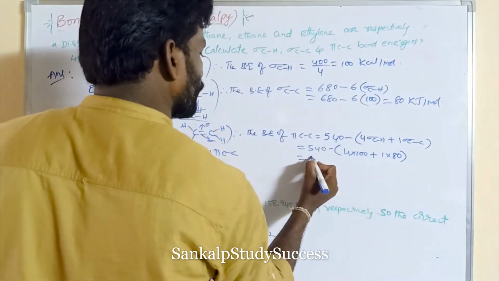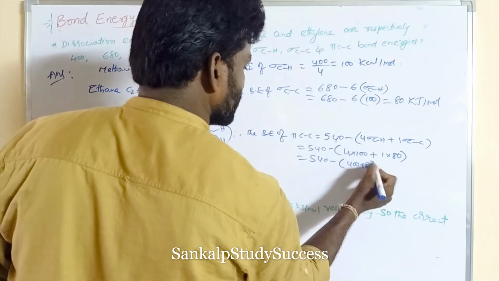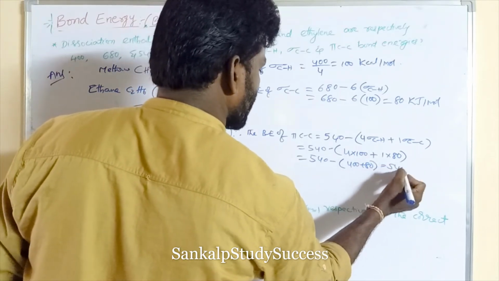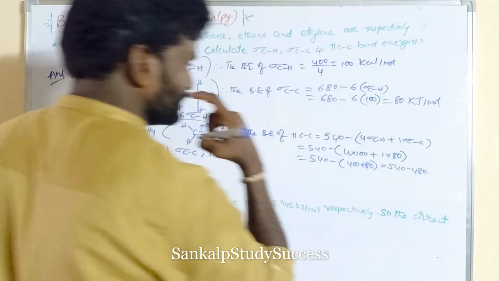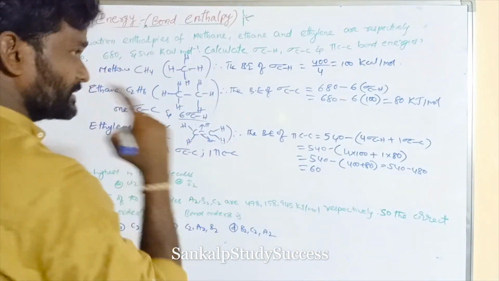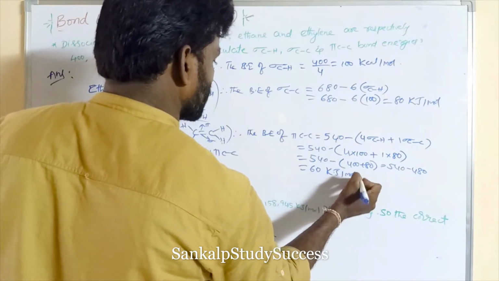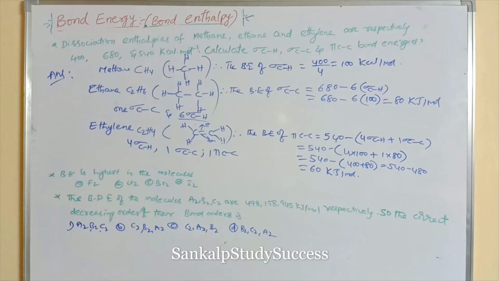So totally 540 minus (400 plus 80), like 540 minus 480, is equal to 60 kilojoule per mole. Right, this is the bond energy of the pi C–C bond. So this is over. Now goes to another sum.